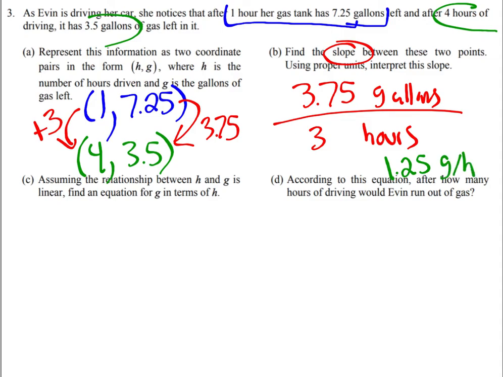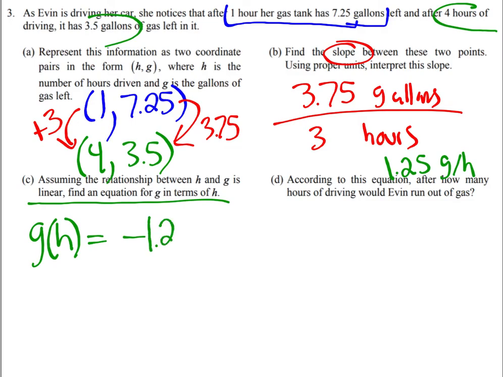All right, assuming it's linear, find an equation. Well, we would know this. The gallons per hour is going to be losing 1.25 for every hour that we use. Right, that was negative, sorry.